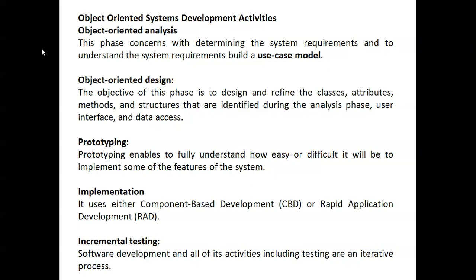The analysis phase determines and understands the system requirements. Prototype implementation uses either component-based development or rapid application development. In the testing part, all the software development activities include testing as an intensive process. Okay, thank you.